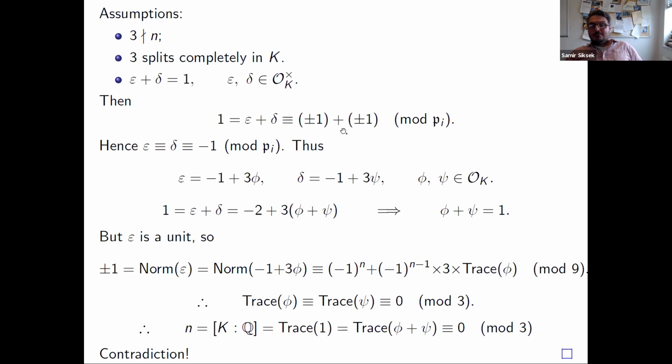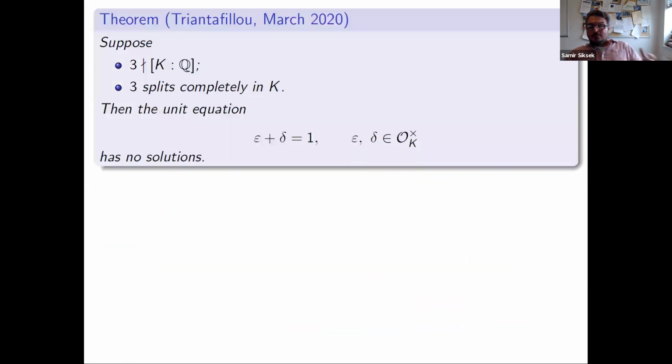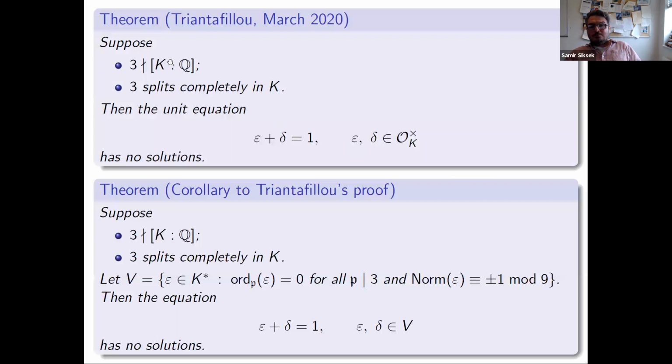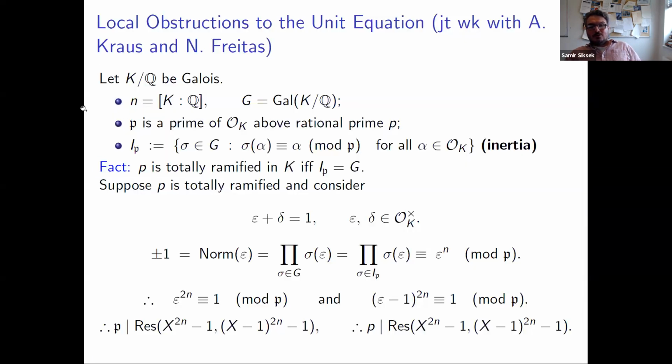For 5, you have more residues. Epsilon, delta don't have to be plus or minus 1. Triantafillou constructed a counterexample where this doesn't work when you replace 3 by 5.